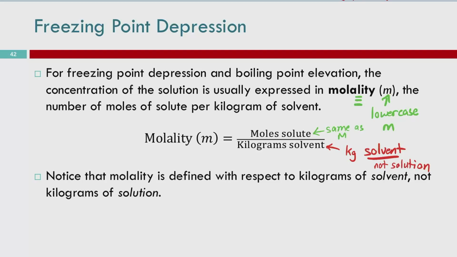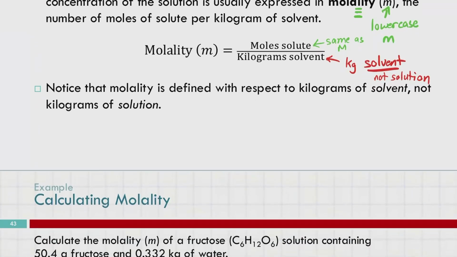In molality, we have kilograms solvent on the bottom. I don't particularly like this unit. The calculations are relatively easy. There's a little bit of a trick sometimes. We'll see shortly why I don't like this unit. I'll demonstrate to you.